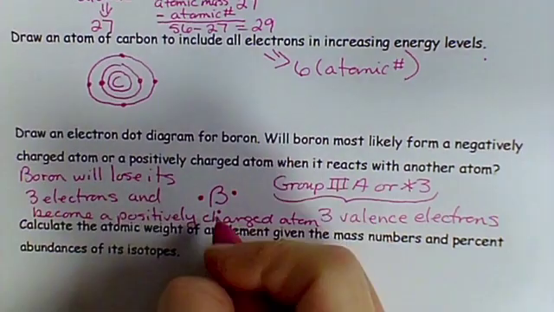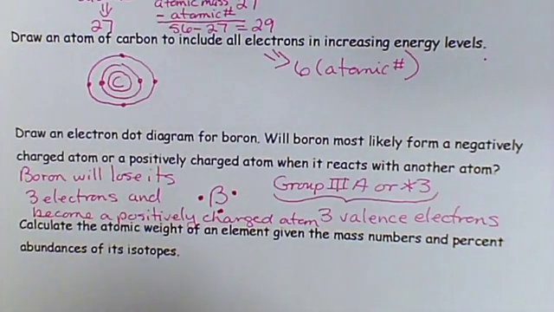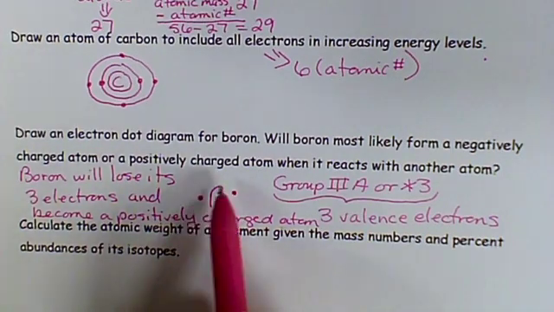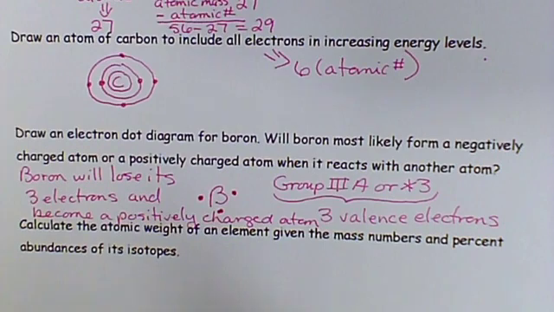Because it lost negative charge, and the positive charge from the protons in the nucleus will take over. Now, if it were to gain electrons, it would become negatively charged, and what would gain electrons would be something that has more than 4 valence electrons, would want to gain to get its 8, and then it would become negative.